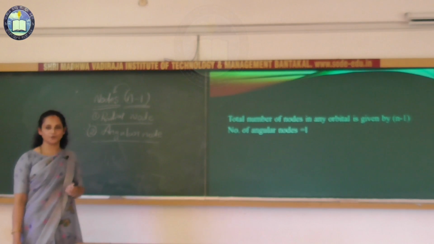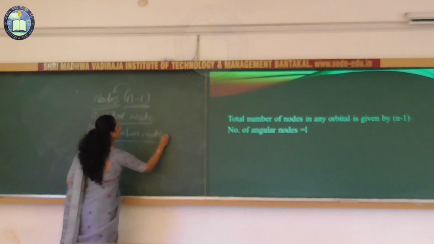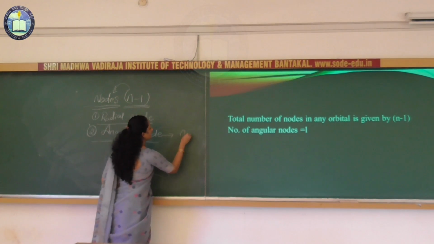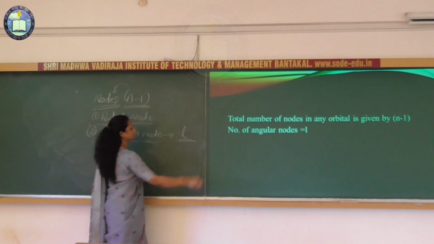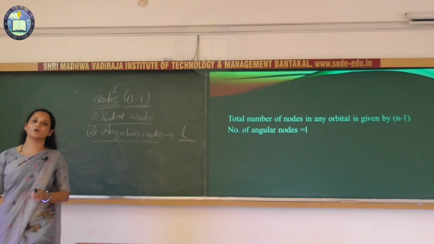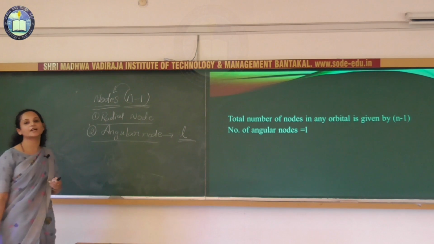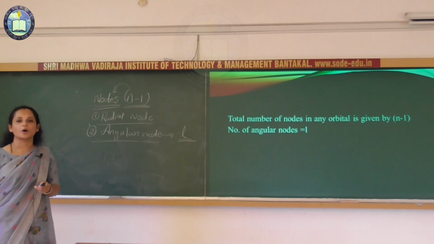The number of angular nodes can be calculated using the L formula. L, the azimuthal quantum number itself, gives the number of angular nodes for a particular orbital.